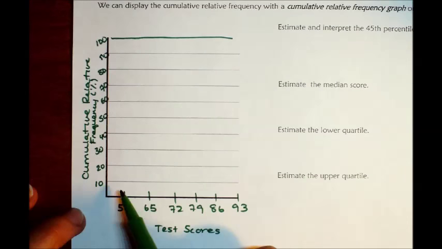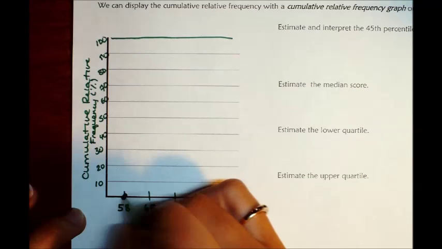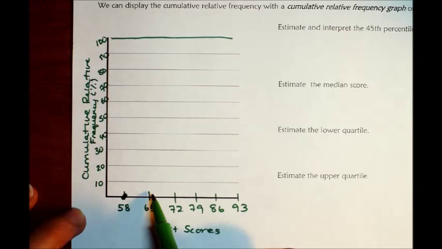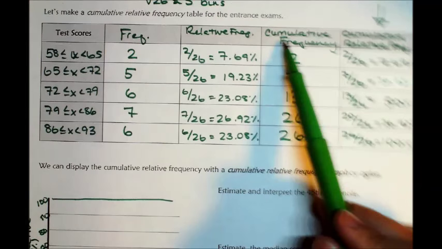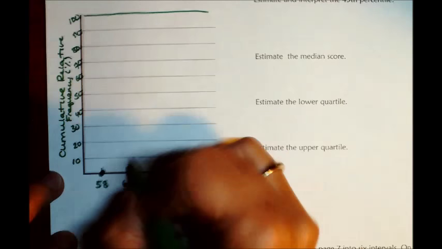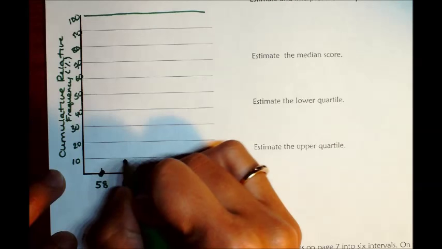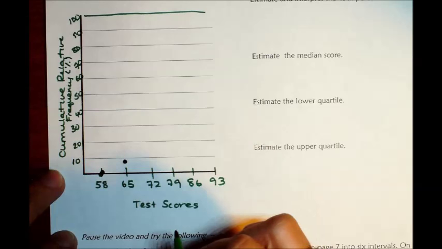But between 0 and 65, there was a cumulative relative frequency of 7.69. So between this interval, we had an increase of 7.69%. So that's approximately here. Then from 65 to 72, the cumulative relative frequency was 26.92.